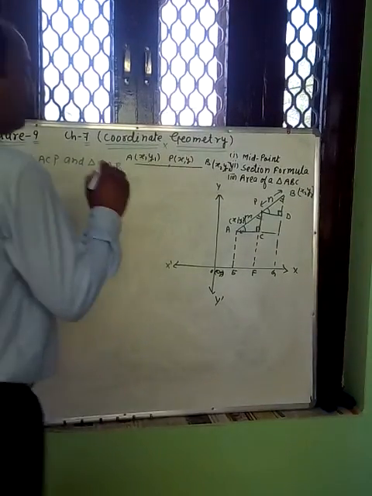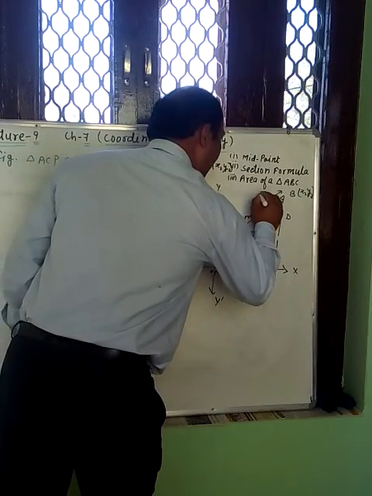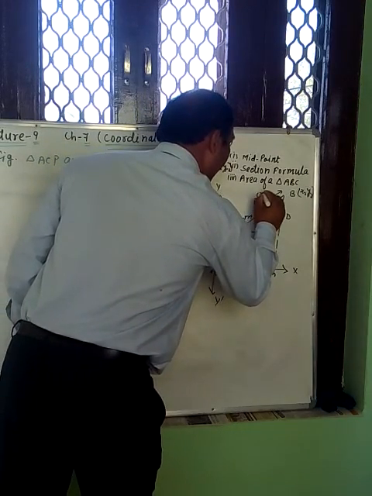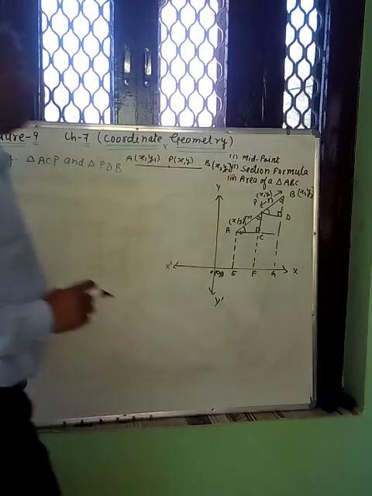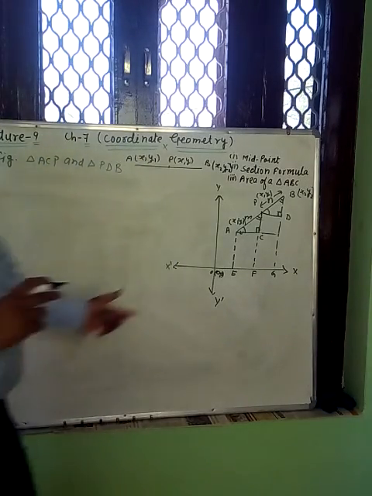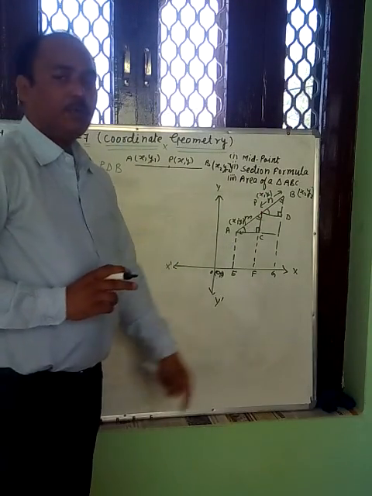If the coordinate of P is x comma y, then how do we calculate the value of x and y here?